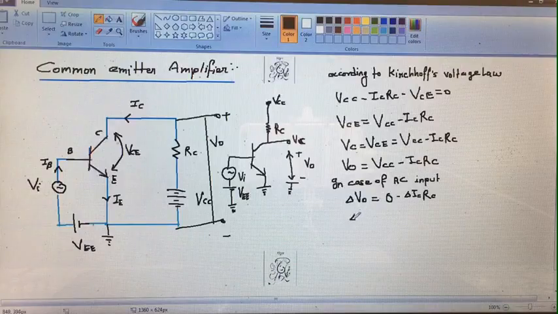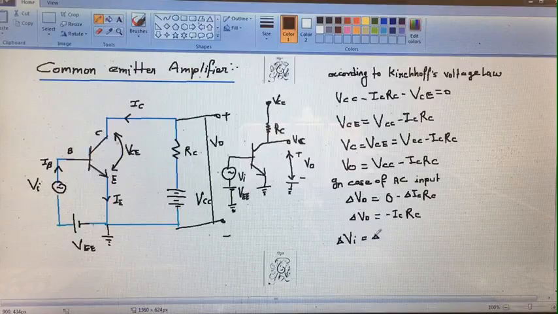So our output change will be equal to minus ΔIC times RC, and for input we can write down change in V input is equal to change in base current into R input.